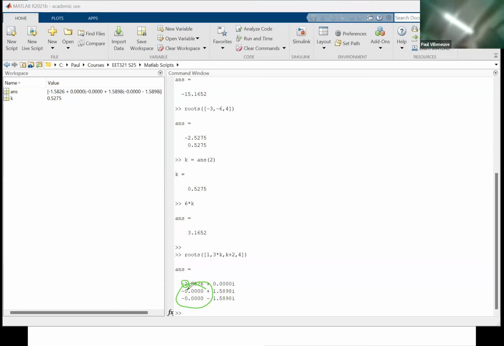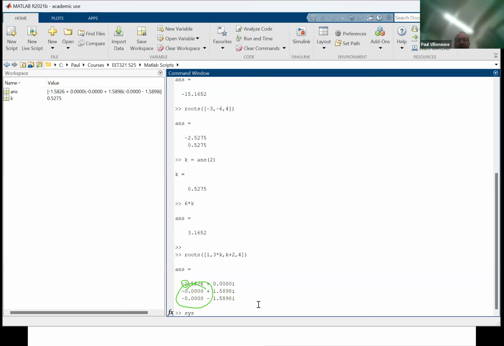These are zeros. So that tells me when I do a pole-zero map, and let's see if I can do the transfer function here. So I'm going to do my system is going to be equal to my transfer function.